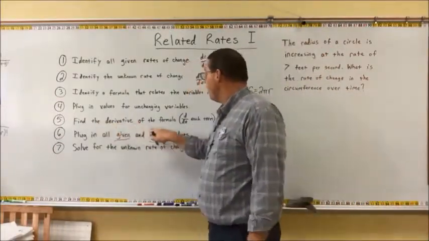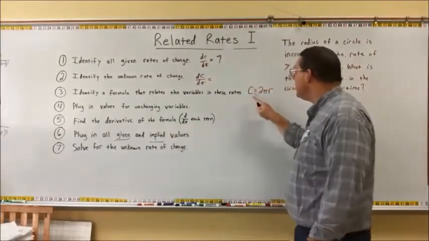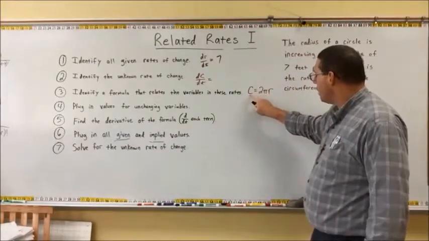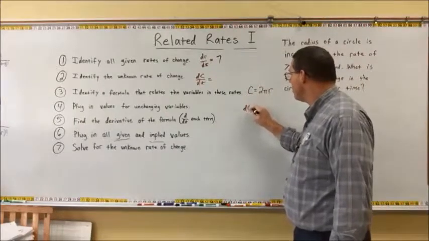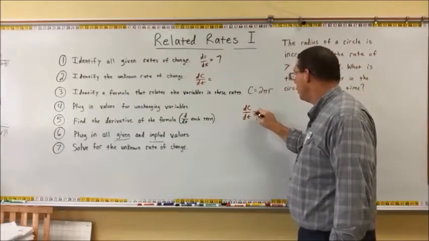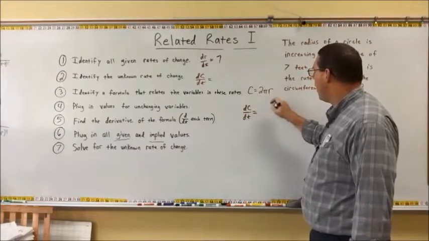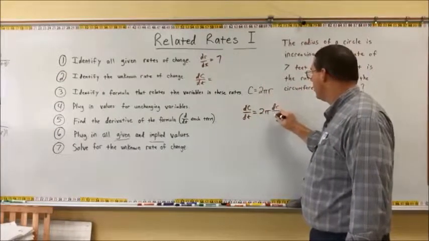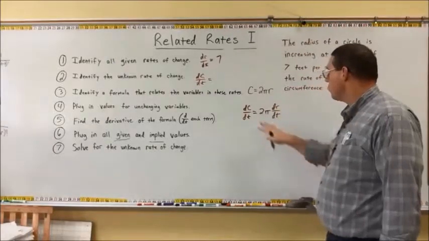Find the derivative of the formula. So we need to take d/dt of both sides. If I take d/dt of this, it becomes dC/dt equals the derivative of 2 pi r, which is 2 pi, and then I put a dr/dt on there. So there's my derivative.